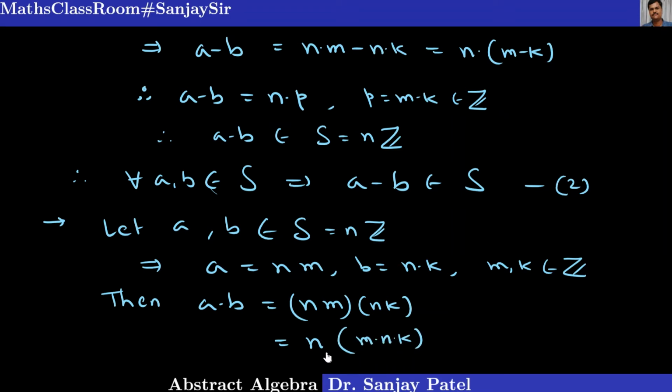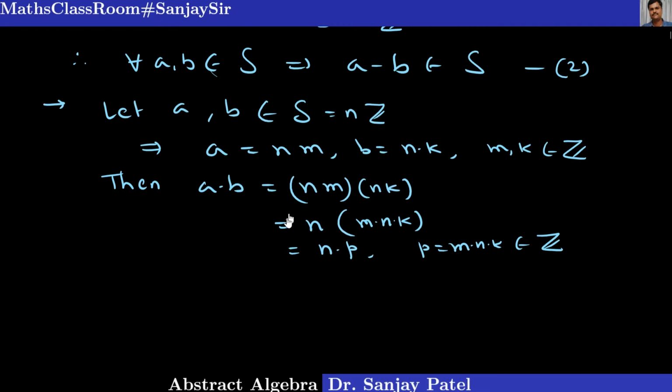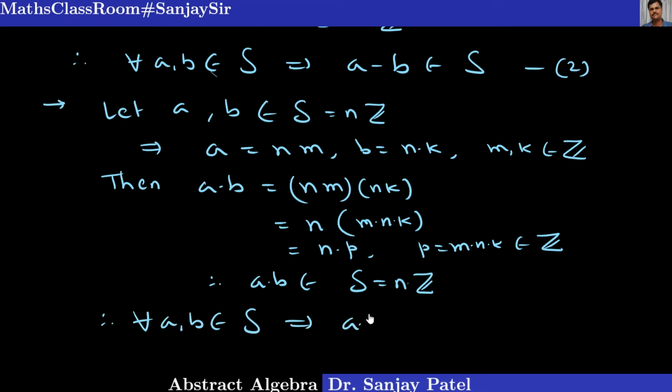M and k are all integers, so this is of the form n into p, where p is an integer, that is, an element of Z. So we can conclude that A into B is also a member of the set nZ, meaning it belongs to S. So what is proved is, for all A and B belonging to the set S, A into B belongs to S. Result number 3.